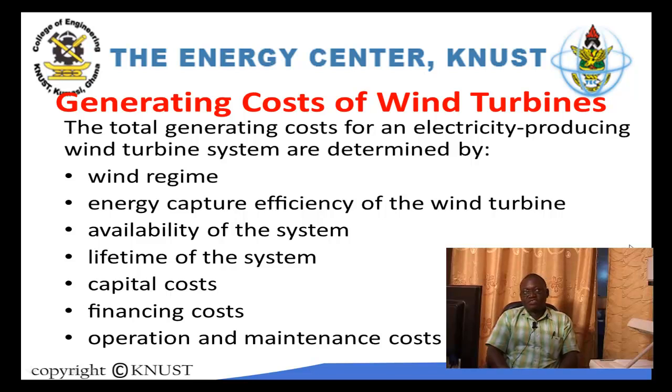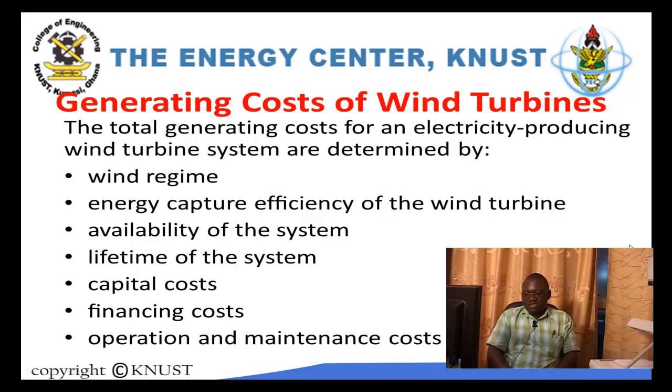By availability, we are talking about the time that the turbine is available to produce power. Throughout the life of the turbine, the time that the turbine has been shut down for maintenance and all that is taken out, and the total time that the wind turbine is actually available for producing power is availability. There has to be high availability. Most of the time the turbine would have to be available to be able to produce power or energy.